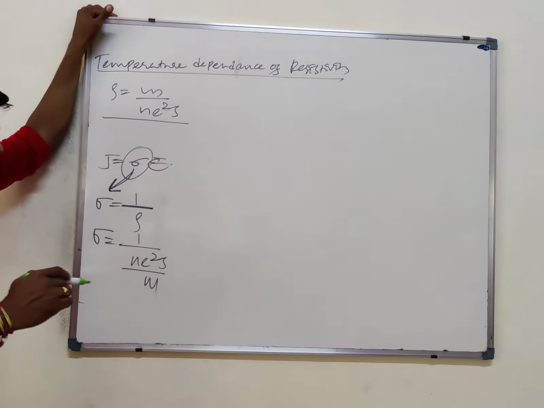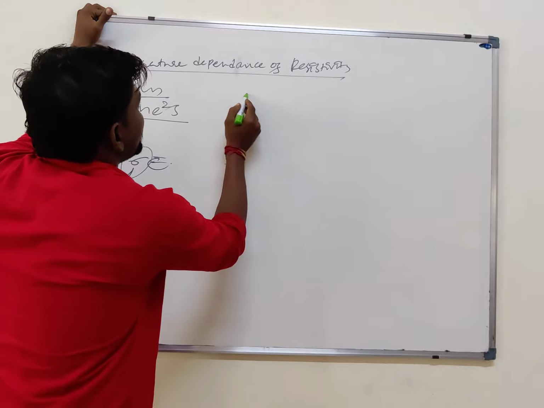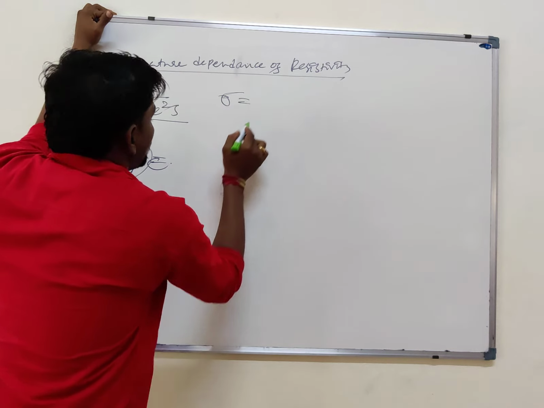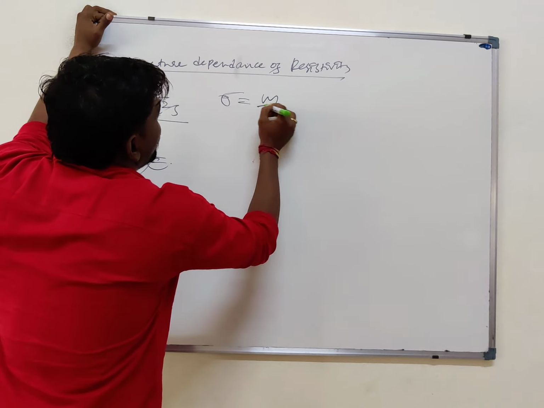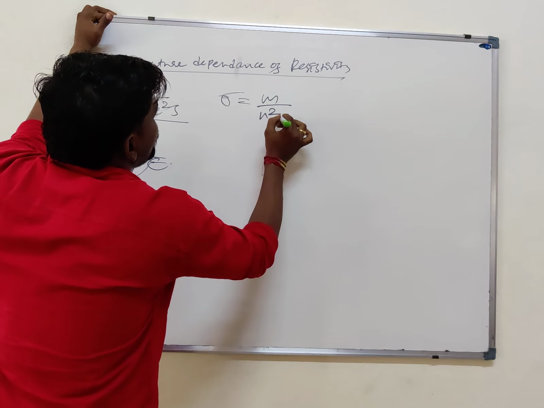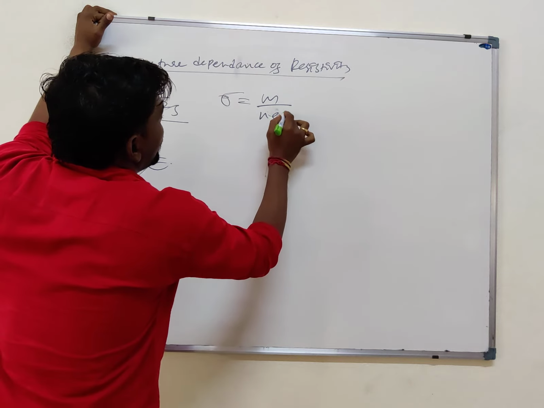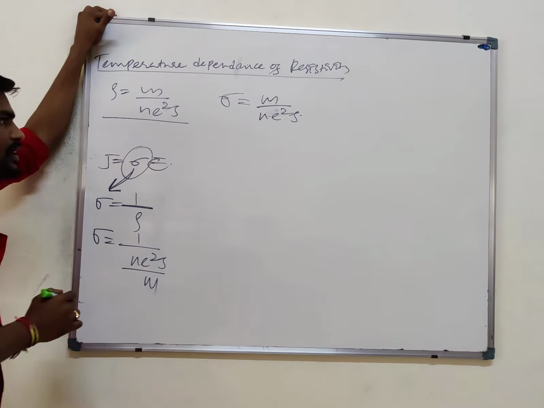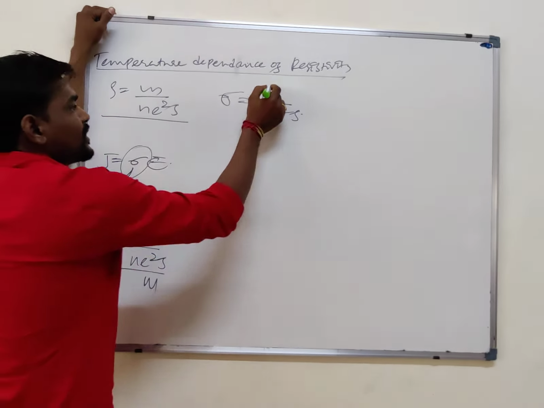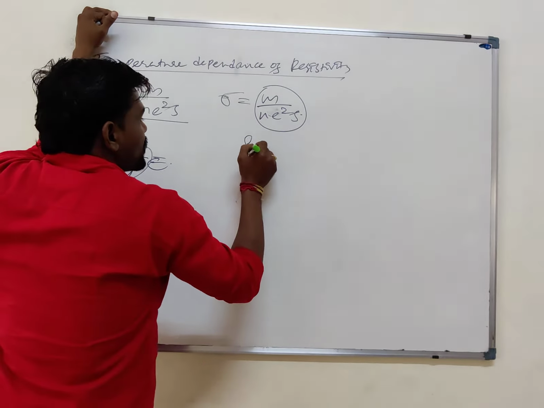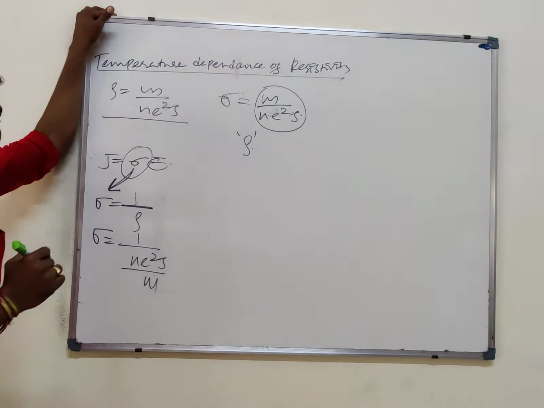So sigma is equal to n e square tau divided by m, and rho is equal to m divided by n e square tau. This is the value of rho.